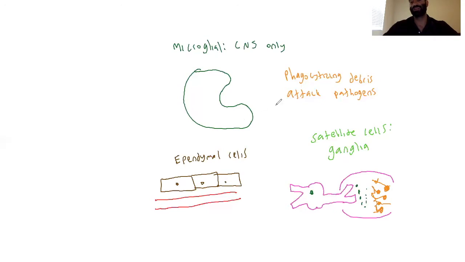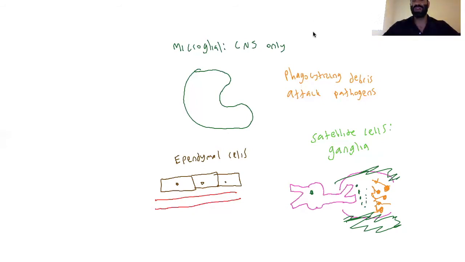So satellite cells form the ganglia, and this region here that I drew is the ganglia. All right, so we covered all of the glial cells. As I said, they are there for support, and they are there to aid in several essential processes of the central nervous system.